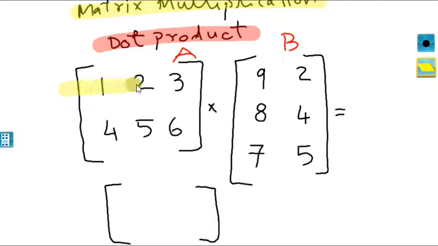For the first row, obtain the dot product with the first column to obtain the first element. 1 multiplied by 9 plus 2 multiplied by 8 plus 3 multiplied by 7. The sum of these give the first element in the resulting matrix, and so on.